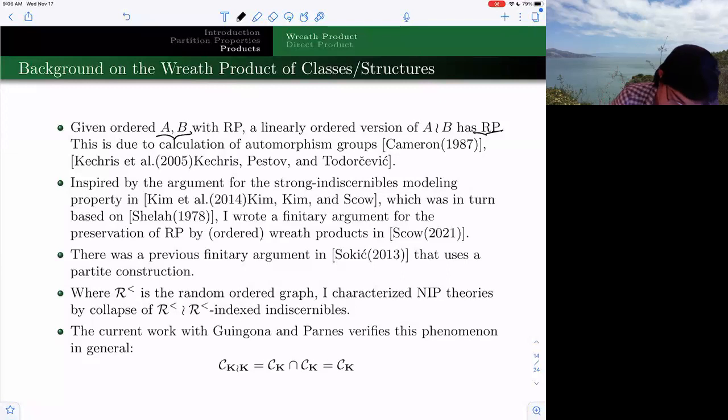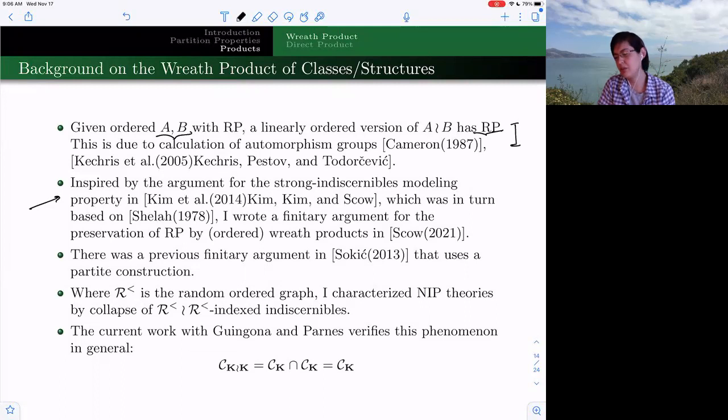But I had been inspired by this argument for the strong tree indiscernibles modeling property when I was working with Byunghan Kim and Hyoyoon Lee, which was in turn based on the Shelah arguments, just made countable. And so I wrote a finitary argument for this, really based on those.